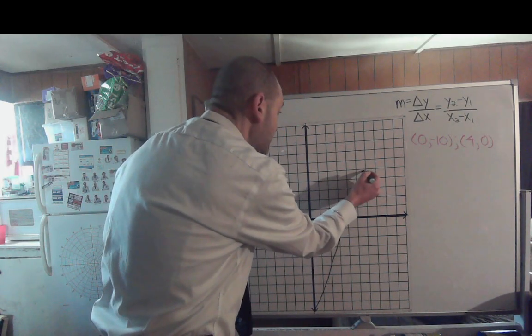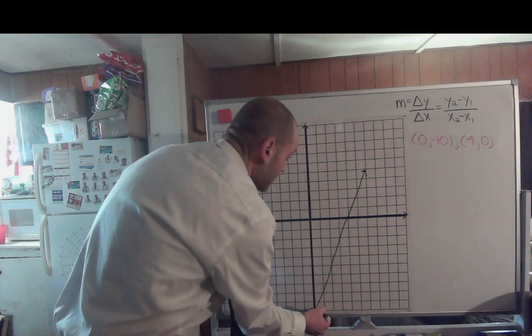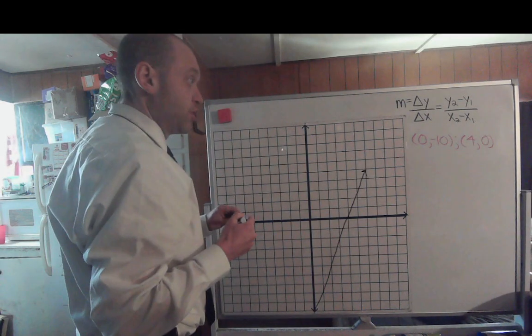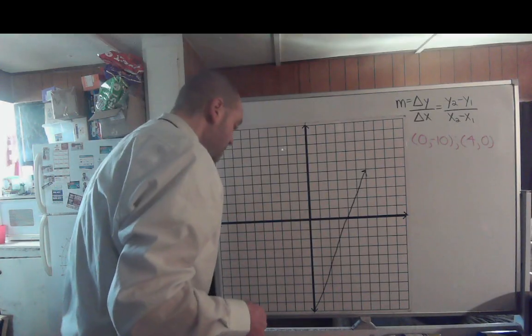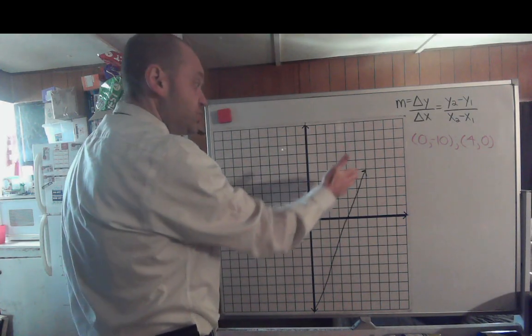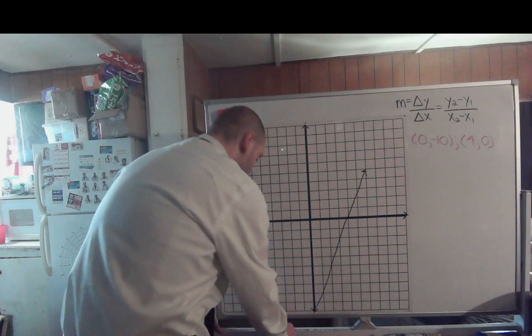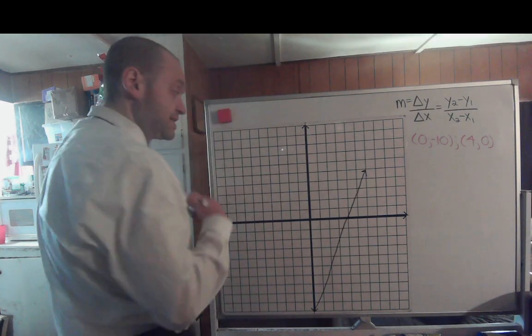So we want to find the slope of that line going through the points (0, -10) and (4, 0). Looking at this, you would say it should be a positive slope, and you would be correct. So what is that slope?